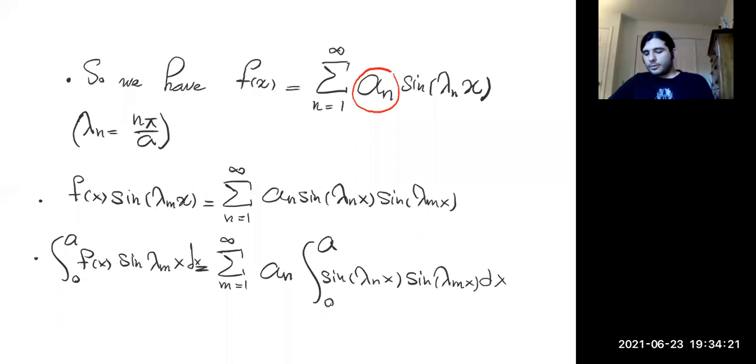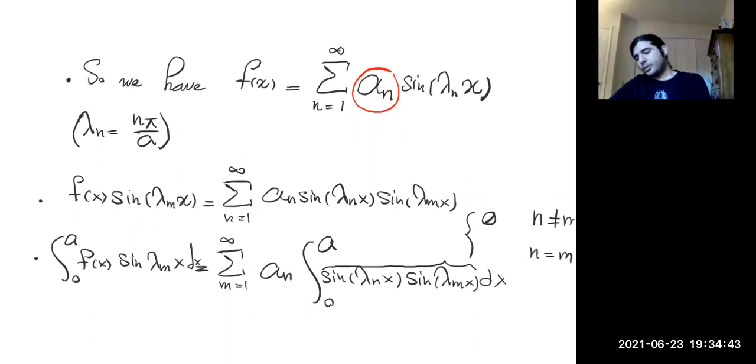Now, remembering that lambda n is n pi over a, this integral would be 0 if n is not equal to m. If they are equal to each other, this would be equal to a over 2. So the infinite sum on the right-hand side is always 0 unless n and m are equal.